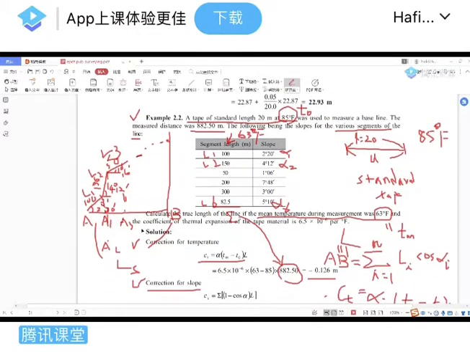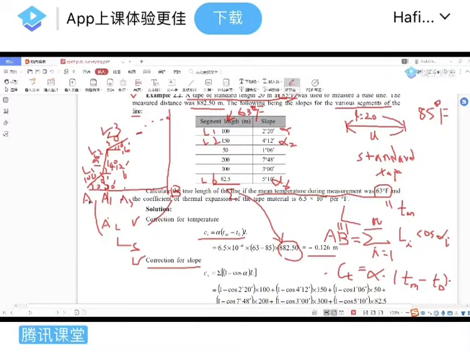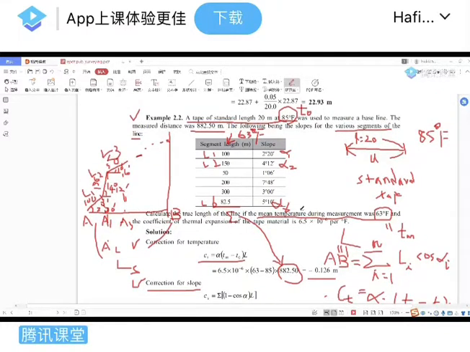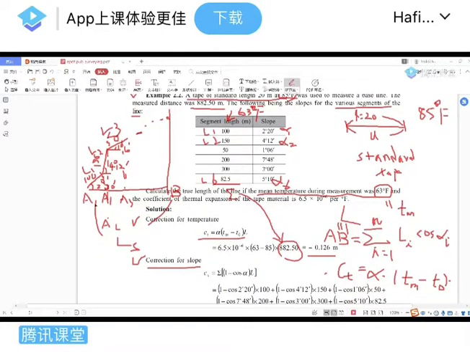And also this book probably doesn't mention anything about correcting the angles. Because once you use a machine to measure this angle, you relate to the temperature as well. So this angle must also be corrected. So it's more than just two.